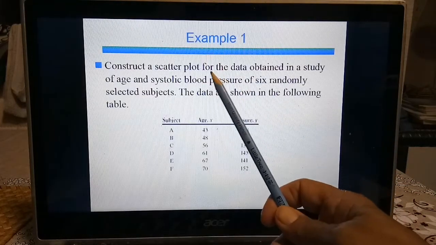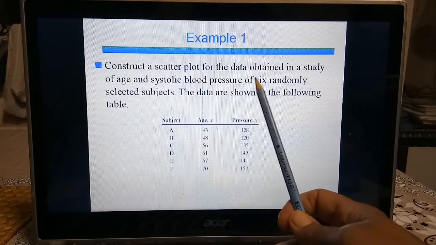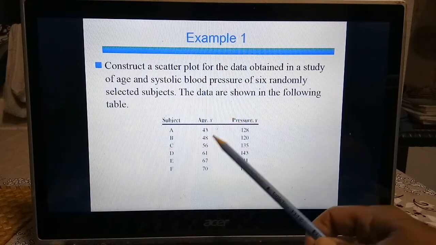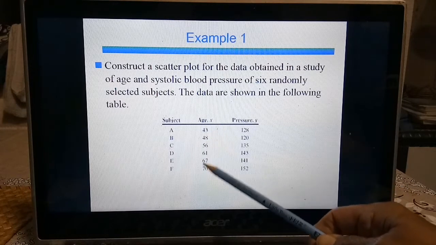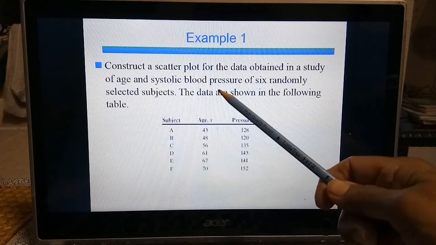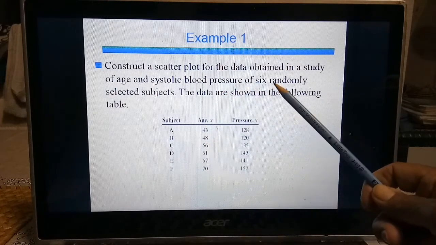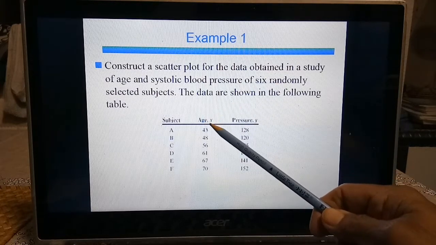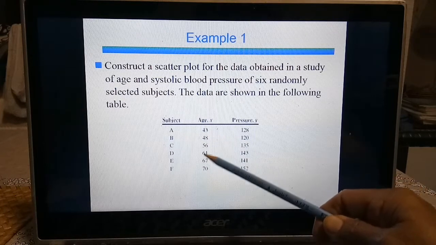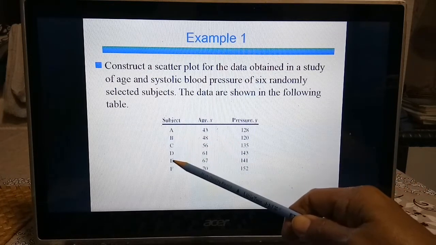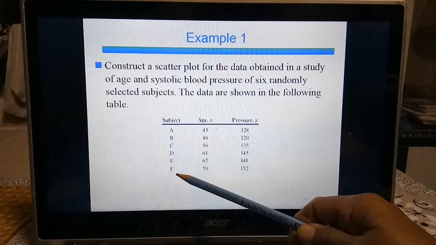Okay, example: construct a scatter plot for the data obtained in the study of age as the independent variable X and systolic blood pressure of randomly selected subjects. Ni blood pressures untuk setiap umur bagi 6 orang yang terpilih, 6 subjek yang terpilih.